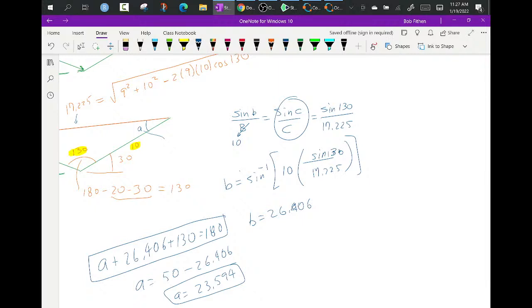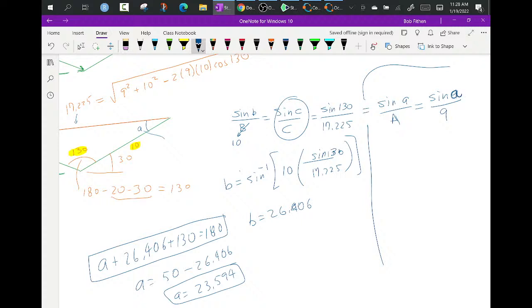Okay. This is also going to be equal to sine of A over the A. In this case, the sine of A is going to be what you're looking for. The big A is going to be the 9. Okay, this is an A here.